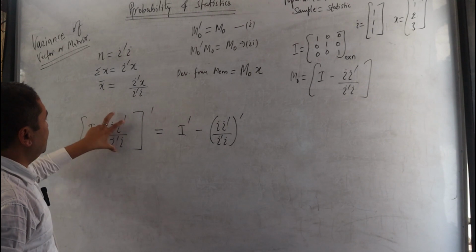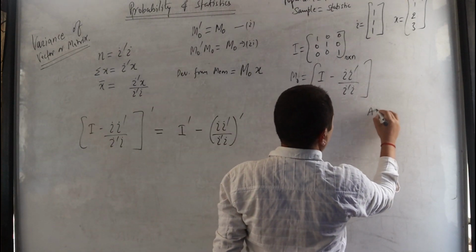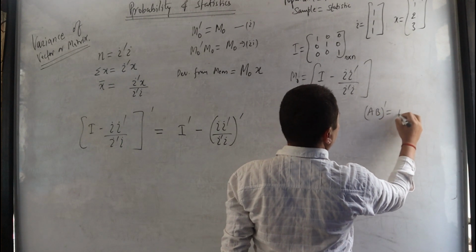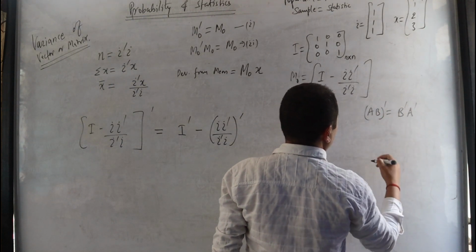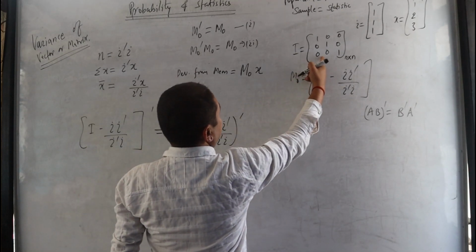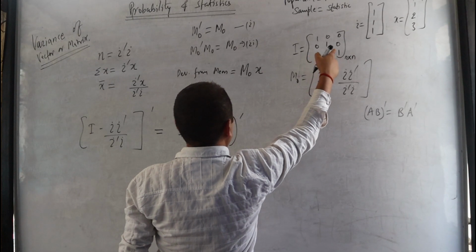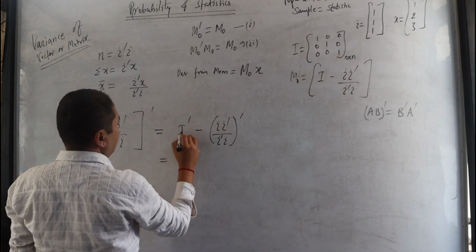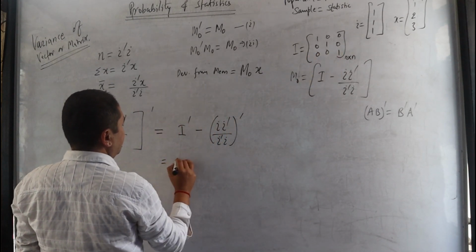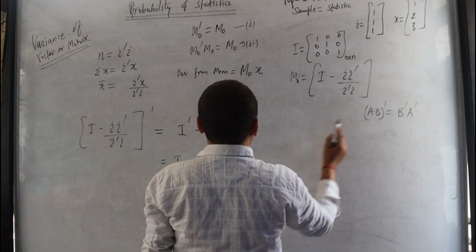And we need to know certain properties here. If AB transpose is equal to B transpose A transpose, we are going to apply this property. If we take the transpose of the identity matrix, the main diagonal remains the same, and if the off-diagonals interchange, there is also no difference. So the transpose of I is equal to I itself.